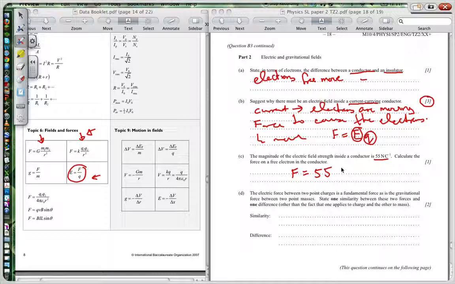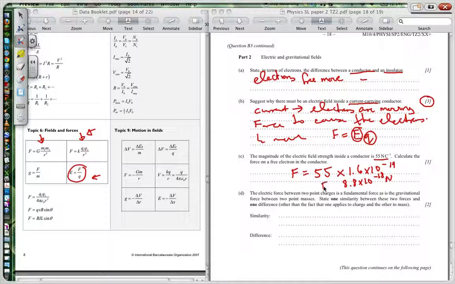My computer's going so slowly. And the Q is 1.6 times 10 to the negative 19. And when I work that out, I think it comes to something like 8.8 times 10 to the negative 18 newtons.